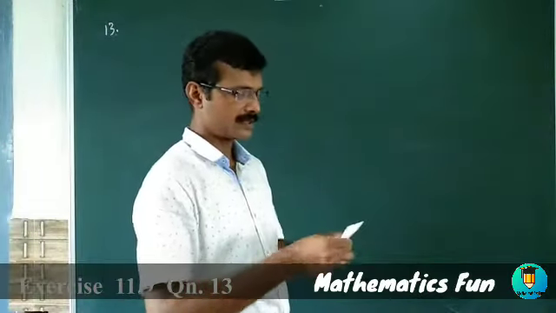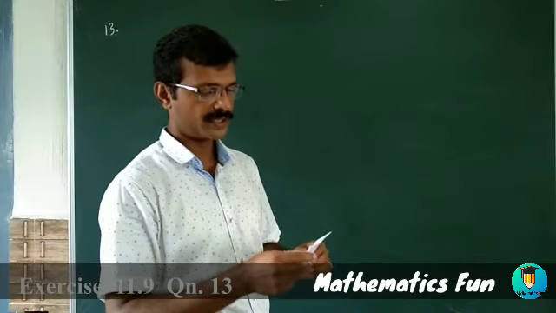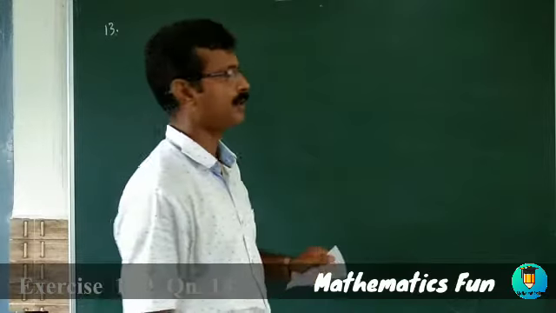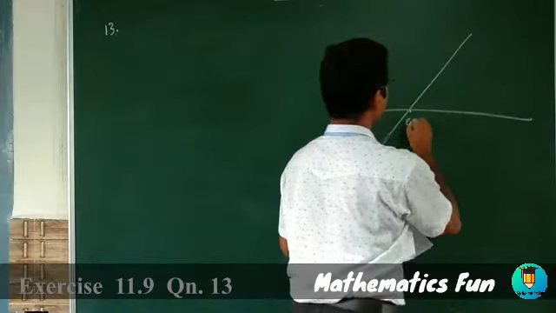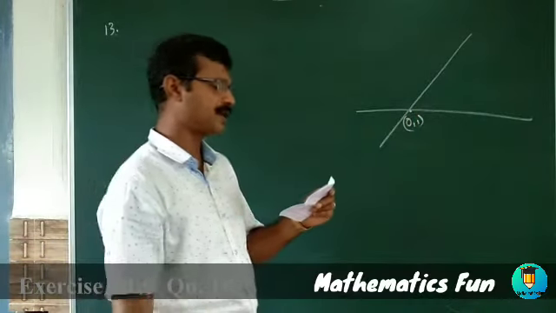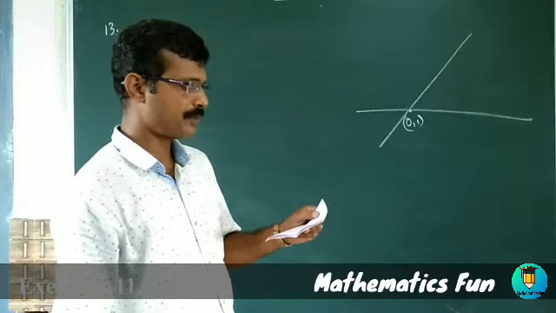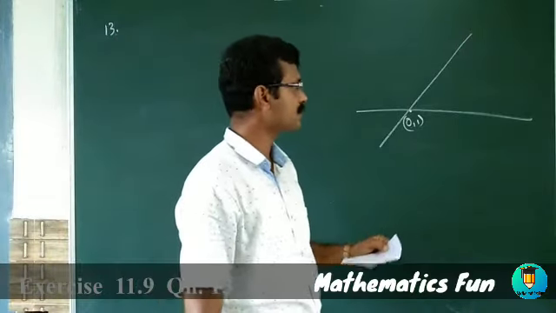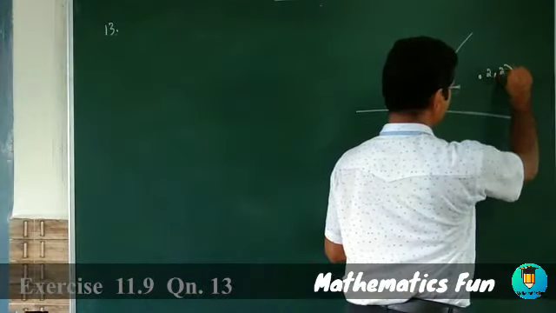Here the question is, find the equations of the two straight lines drawn through the point 0, 1, on which the perpendiculars dropped from the point 2, 2 are each of unit length. Suppose 2, 2 is here.